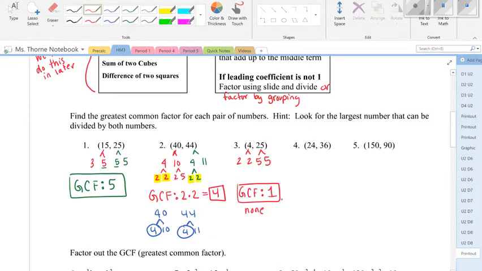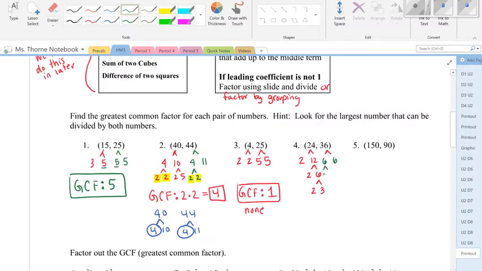Looking at the next one, we have 24 and 36. So if I find factors of 24, 24 breaks down into 2 and 12. And I can break down 12 into 2 times 6. And 6 breaks down into 2 times 3. So looking at 36, 36 we know is 6 times 6.